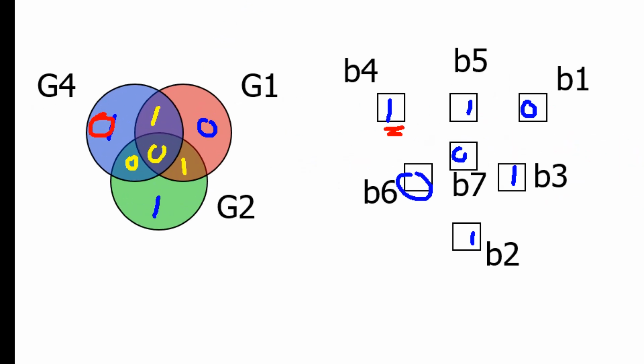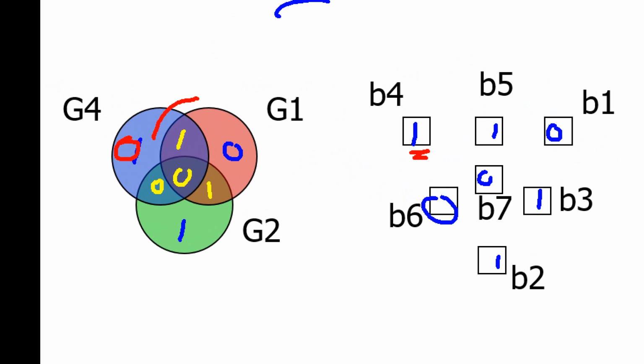Let's consider this group: the 0 will be counted, right? Okay, it's even, it's okay. Number of 1s is even. How about this? Oh, it's odd, right? Not even. So group G4 is odd. So we can conclude that the error bit is B4.